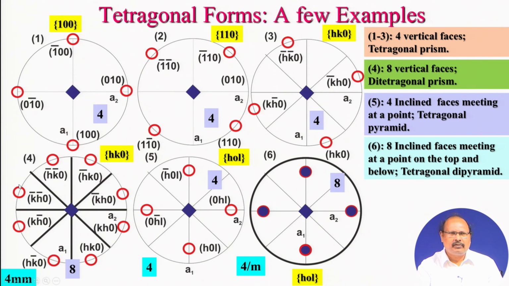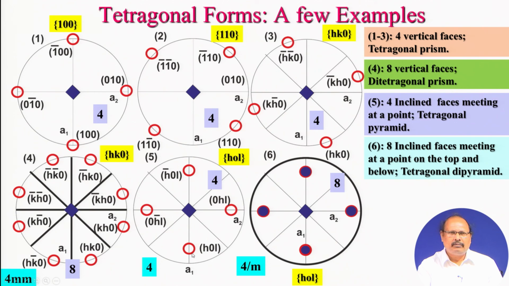Now, if you have the same HK0, with H greater than K, and you just change 4 to 4mm, then we produce 7 additional faces, essentially 8 vertical faces. This will produce a ditetragonal prism.